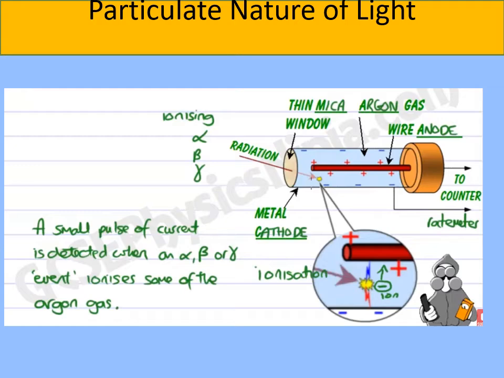That negative ion will be repelled by the metal cathode at the outer part of the tube, as you can see on the diagram, and accelerated towards the anode, which causes a tiny pulse of current, and that is detected by the circuit and sent to the counter or the rate meter.